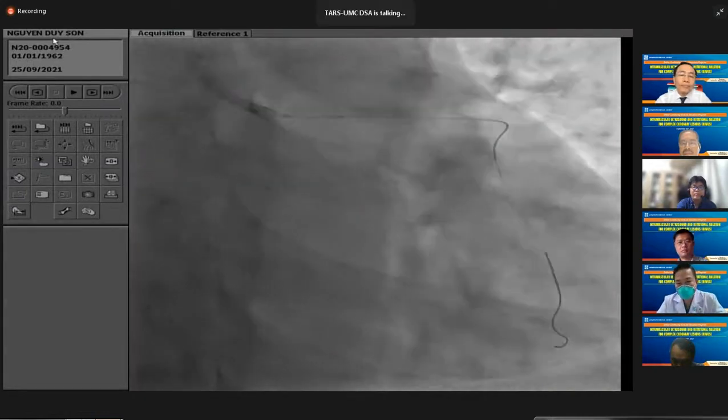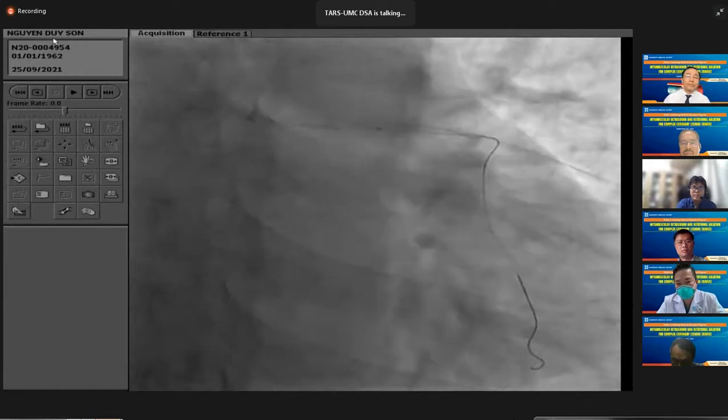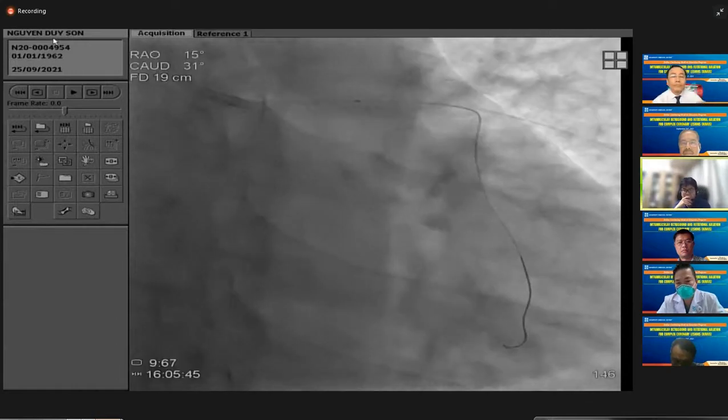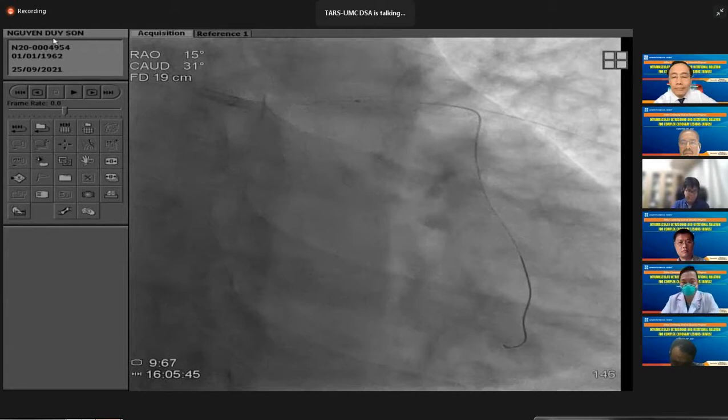In our cath lab, we prefer to use a double lumen catheter because in this kind of case, the stent protrudes into the aorta. If we don't use a double lumen catheter, sometimes the wire for the circumflex goes outside the stent. So we prefer the double lumen catheter in this case. It's in the left bifurcation with the two stent technique.